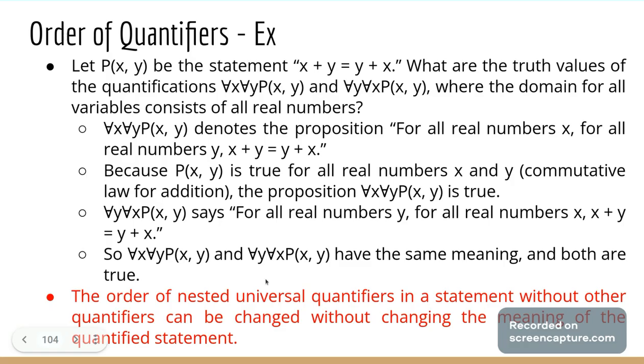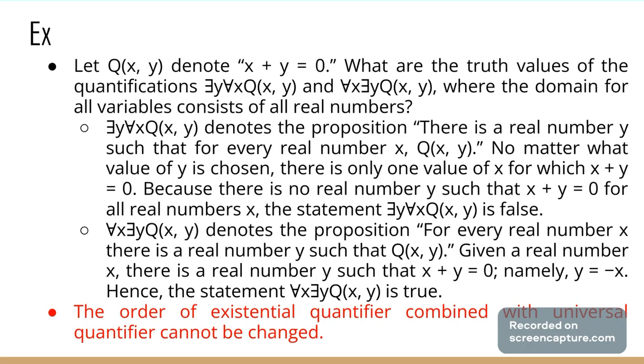Since all the quantifiers are for all, I can change the order, there will not be any problem. But if there is one existential quantifier, then I cannot change the order.